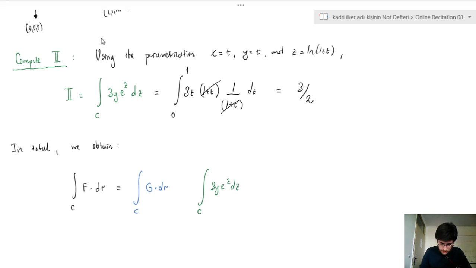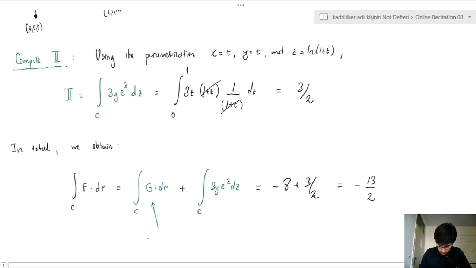The first part, this G component, is conservative, and then we just compute it, and the result will be minus 8 plus something like this.